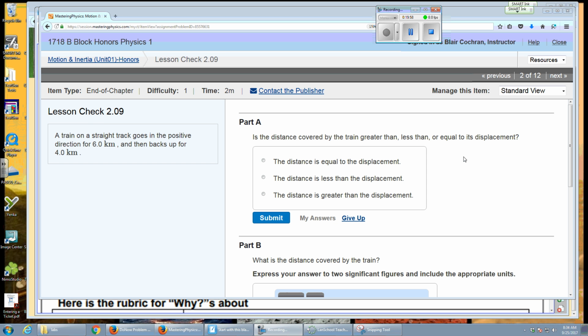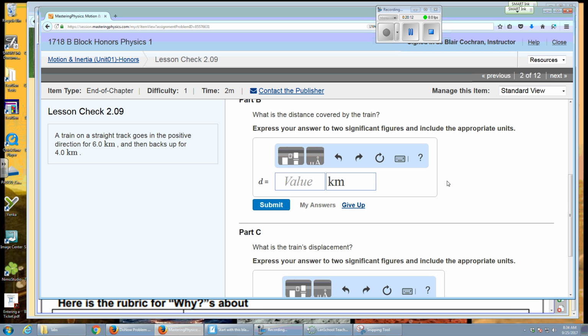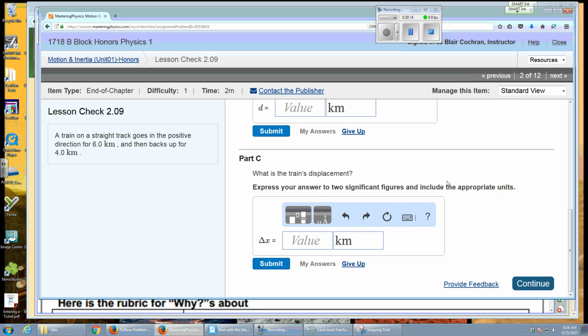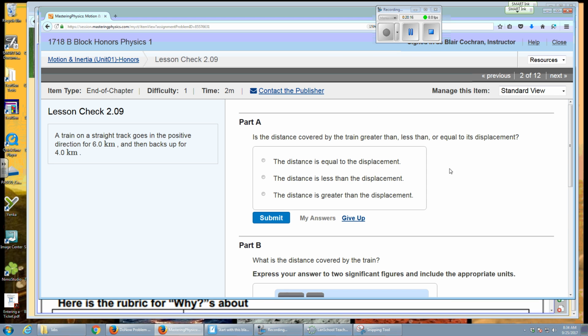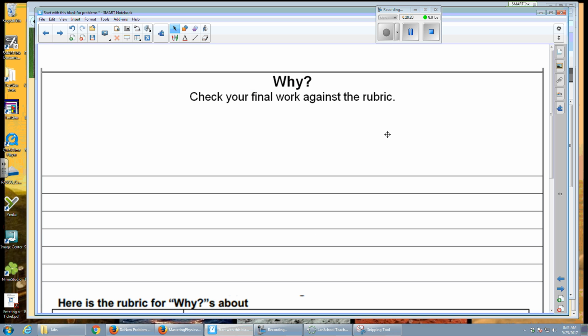All right, so this is number 2. And I've got a train going back and forth. I'm asked which one is greater, distance or displacement, and then I'm also asked about the distance covered and the displacement covered. So this question is all about distance and displacement, and that's what my why should center on.